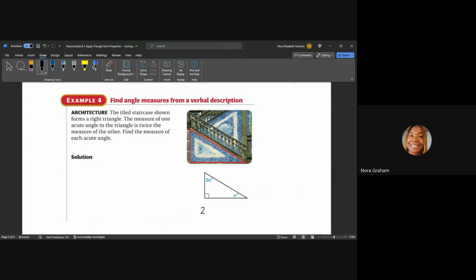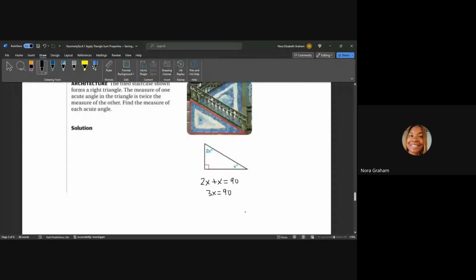I have 2X plus X is equal to 90 degrees. And then I just add my like terms together. I have 3X equals 90. I go ahead and divide both sides by 3.